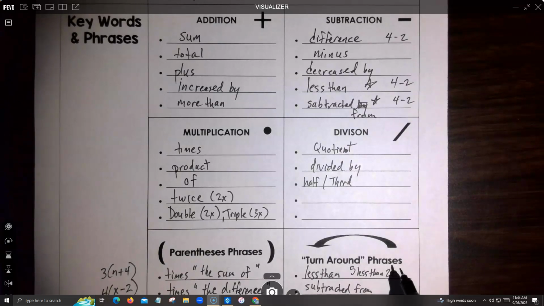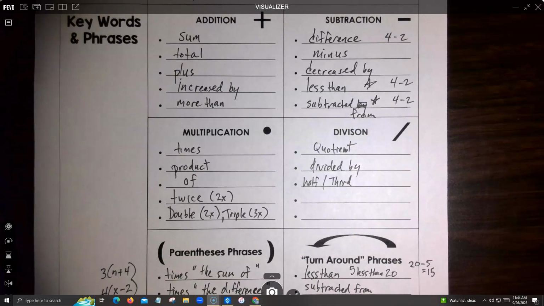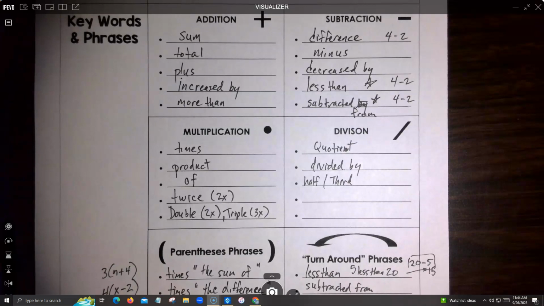If you had 5 less than $20 in your pocket, in your brain you're going to do 20 minus 5, and that's going to give you 15. So notice that when you read it, the 5 comes before the 20, but when you do the subtraction, it's reversed or turned around. That's why we call it the turnaround phrases.